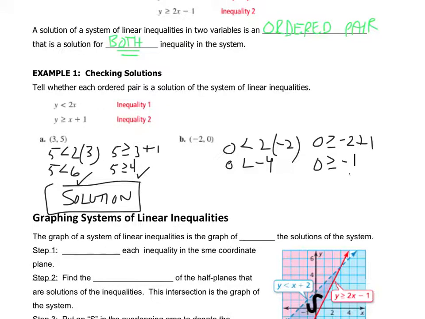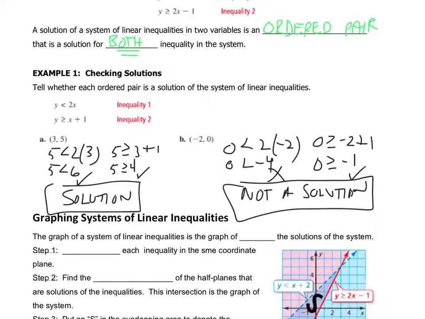So this one is fine. That's true. But this one on the left is not true. So if one of them is not true, then it is not a solution. Okay, so to be a solution, it has to satisfy both inequalities.